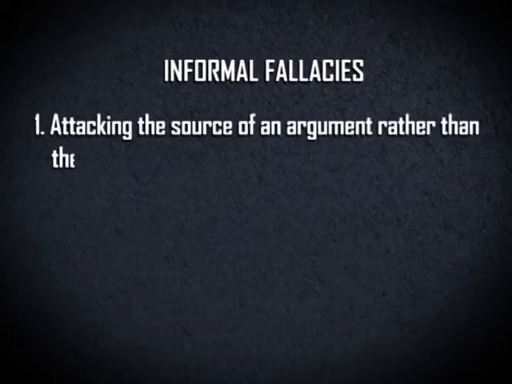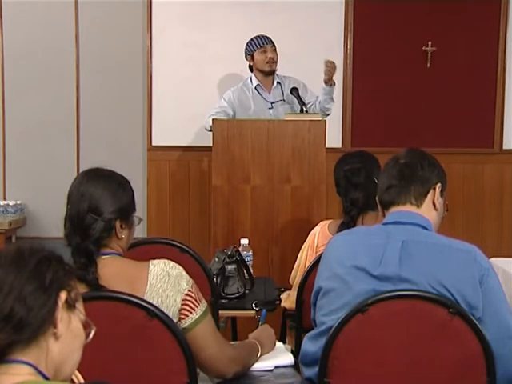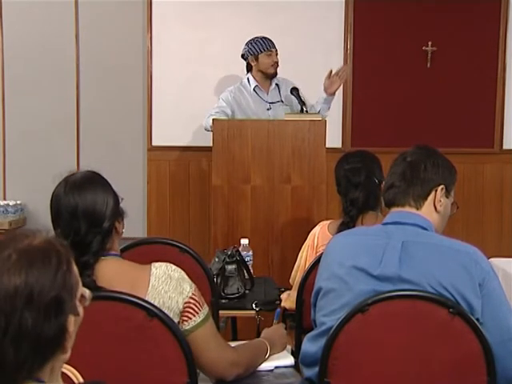Okay. The first fallacy that we do is attacking the source of the argument rather than the argument itself. When you attack the source of the argument, or the person, or the institution rather than the argument itself. For example, if you say, who said that? Mr. Jung said it. Oh, that fellow always lies. This must be wrong. Now here you are not attacking the argument.